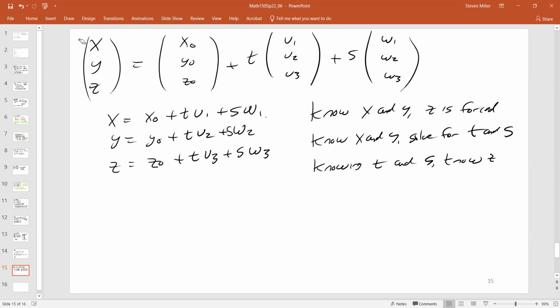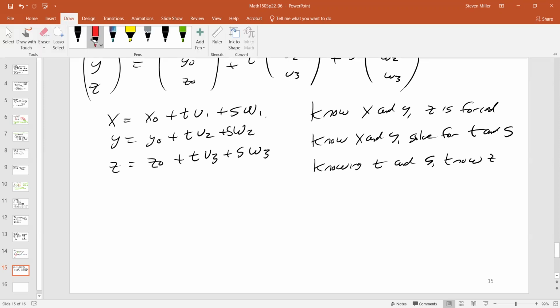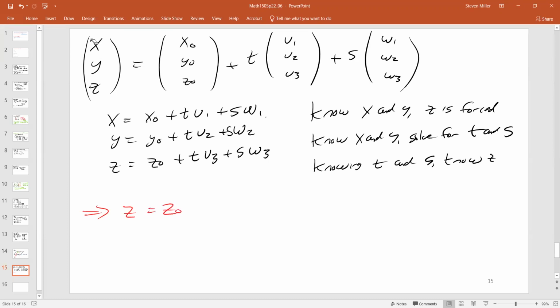So we get, this implies, after you do some algebra, z is z naught plus some function of x and y times v3, plus some other function of x and y times w3. But we can solve for t and s. We have a system of two equations and two unknowns. And it turns out these are both going to be linear in x and y.